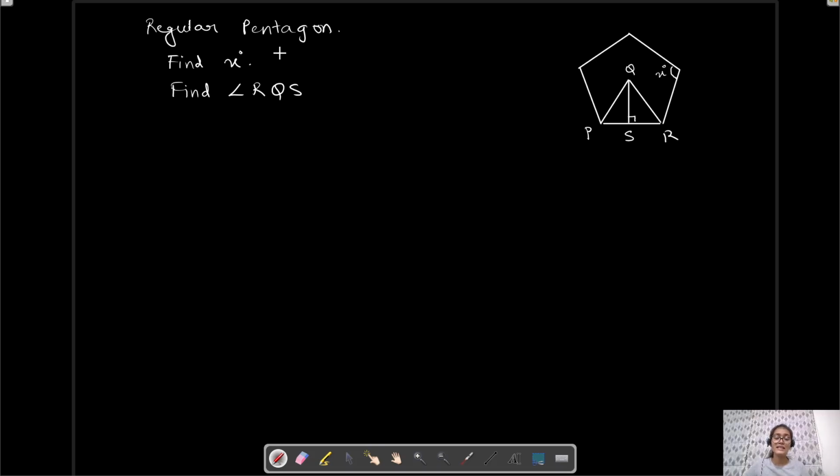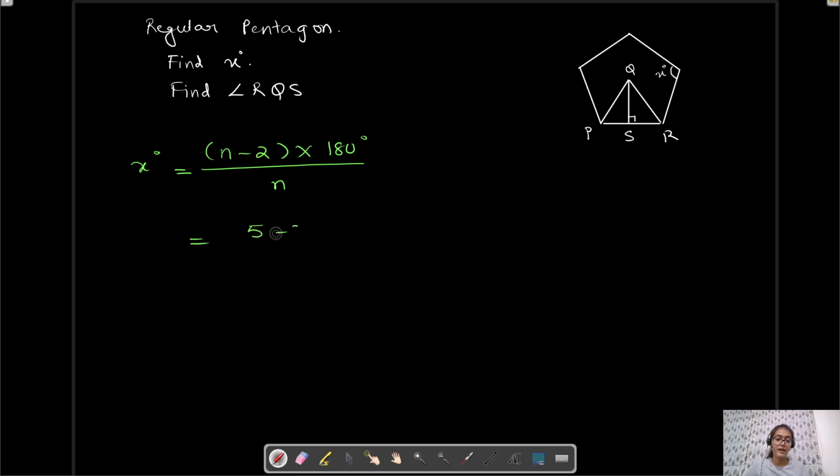Since this is a regular pentagon, we know that the measurement of each interior angle is going to be (n minus 2) times 180 divided by n. In a pentagon we have 5 sides, so the value of n is 5.